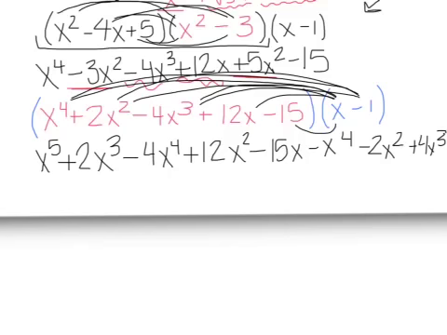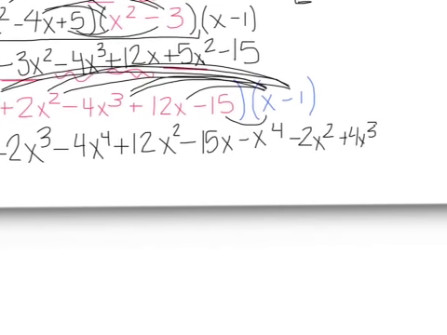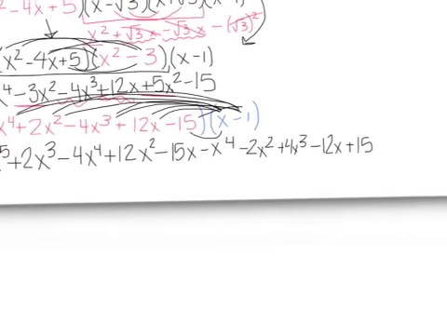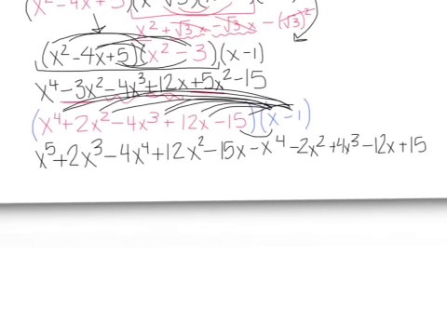I need to get myself some more space here. Okay, so then we have negative 1 times 12x, so that's minus 12x. And negative 1 times negative 15 is a positive 15. So we have this big giant equation here.